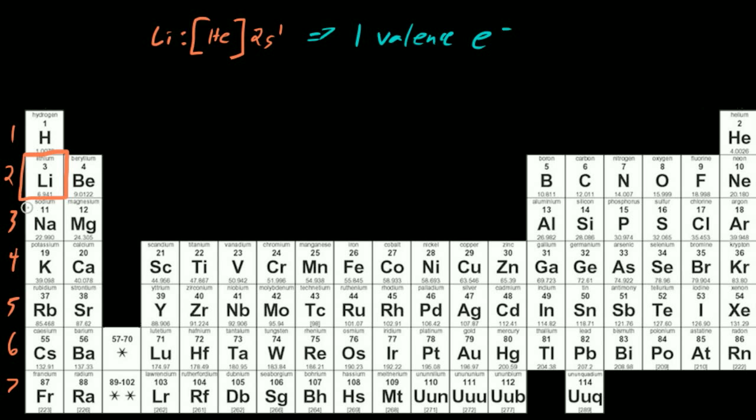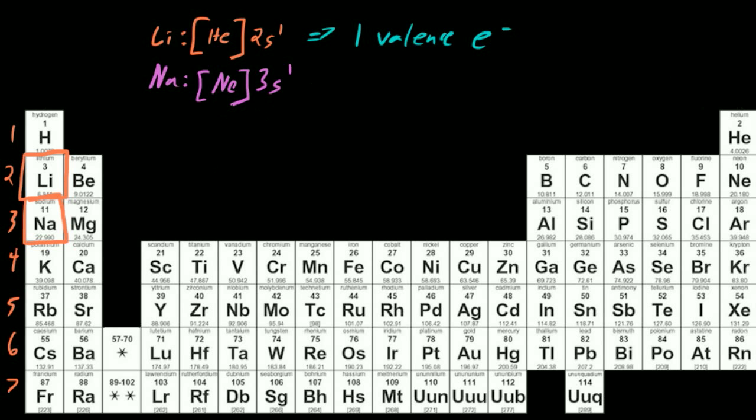Let's do another one. Right below it, let's do sodium. Sodium is right here, element number 11. We're using our nearest previous noble gas, which in sodium's case is neon. So sodium's electron configuration is the same as neon, and then on top of neon we have 3s1. In neon's electron configuration, are there any third level electrons? No, there aren't.